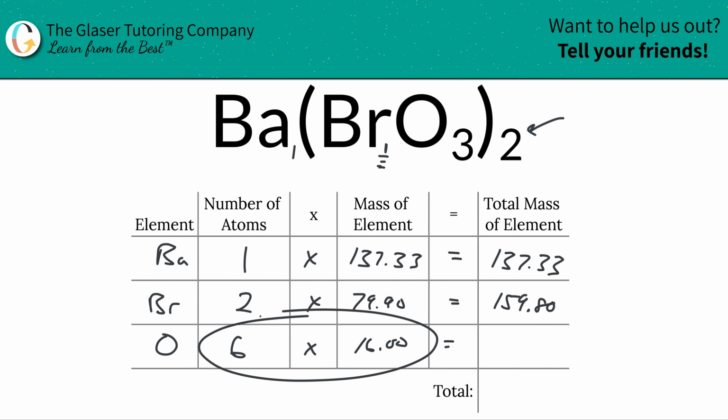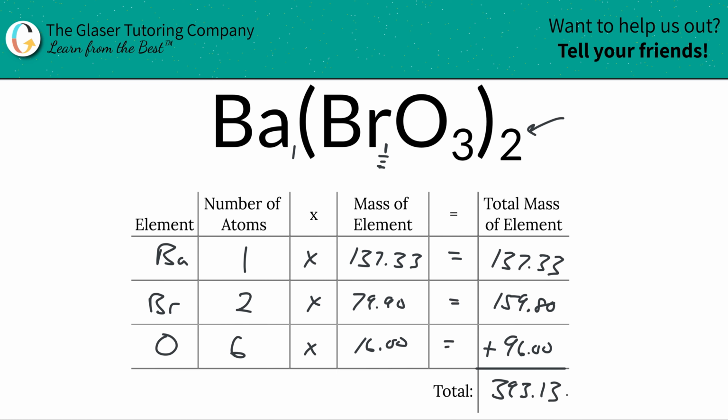Then 6 oxygens, each oxygen is 16, so that's about 96 for oxygen. To find the total mass of the whole compound, just add this column up, and the total mass of barium bromate is 393.13.